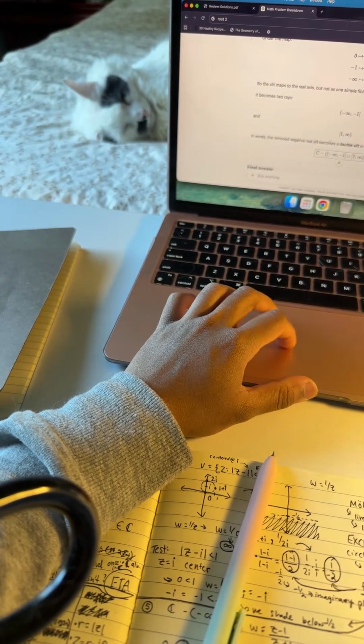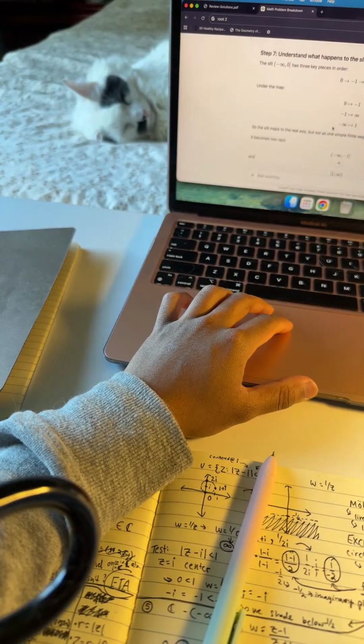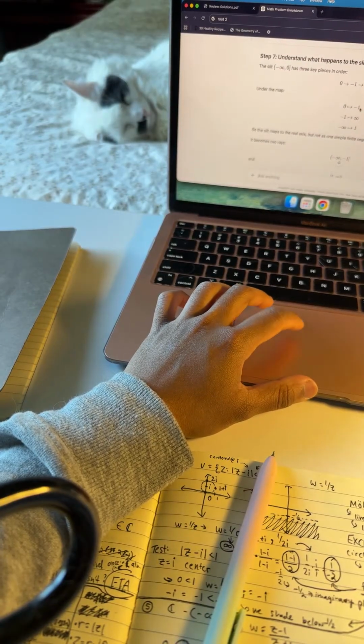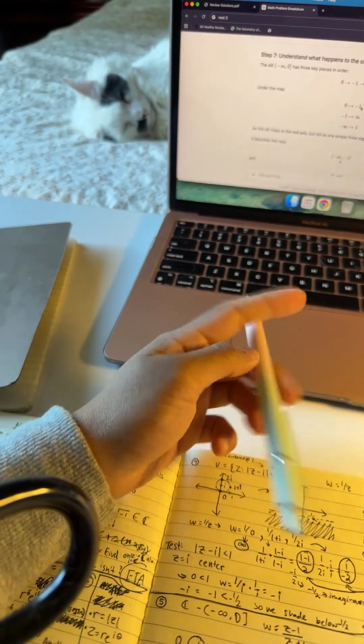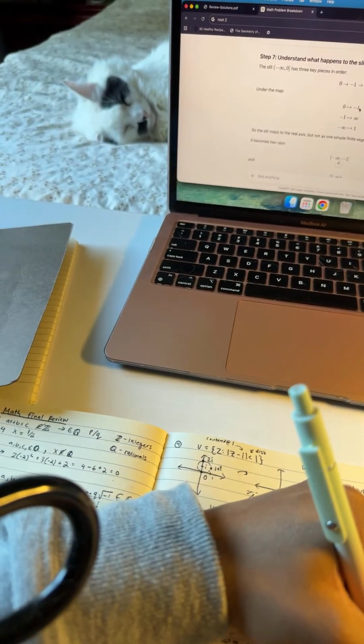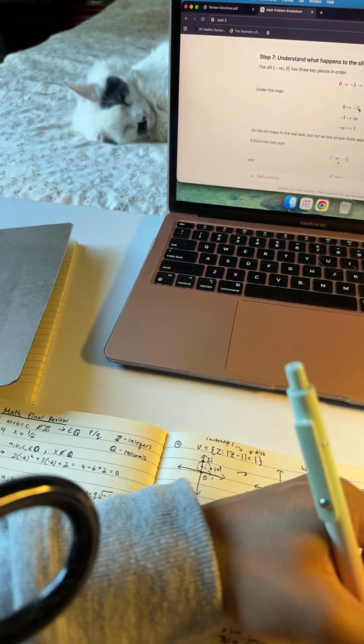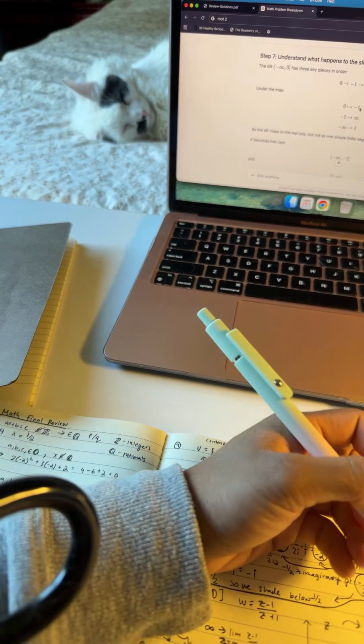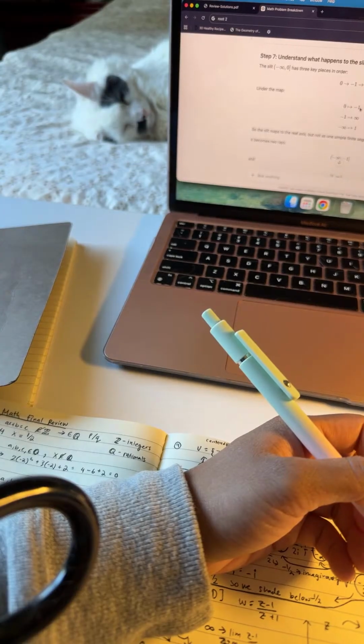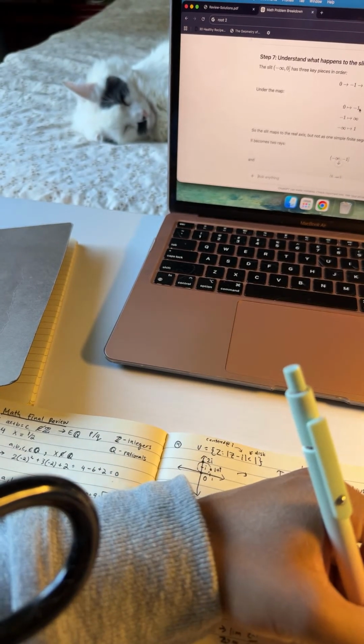In other words, under the map 0 to -infinity, what do we have? We have 0 to -1. We have -1 here, -1 to infinity.